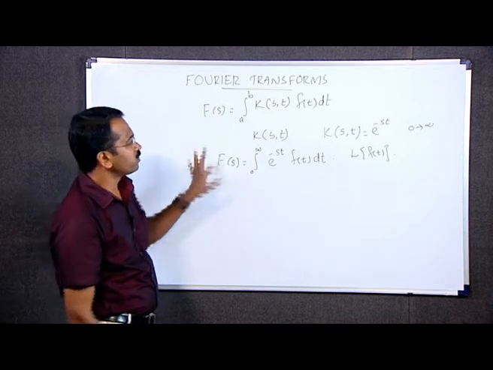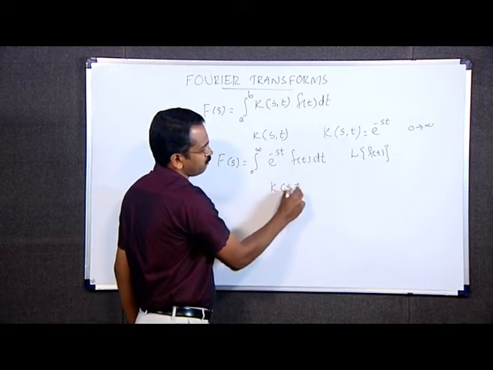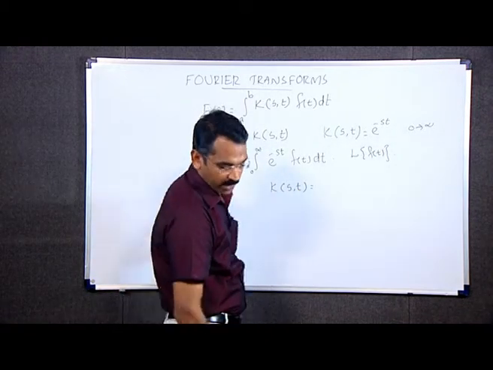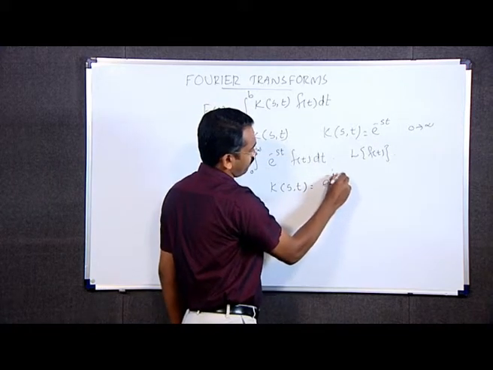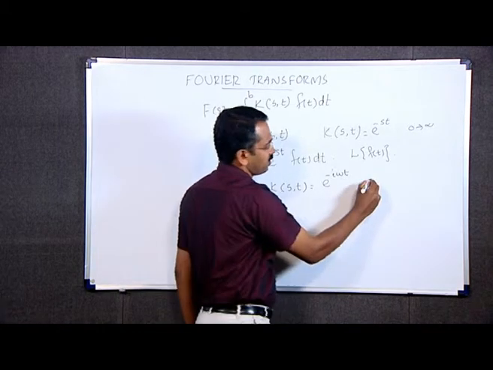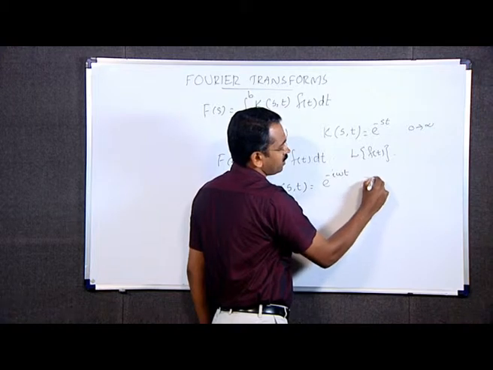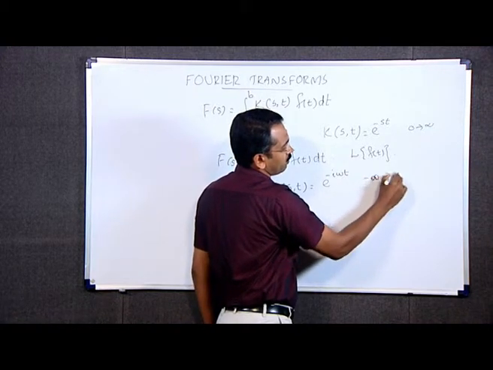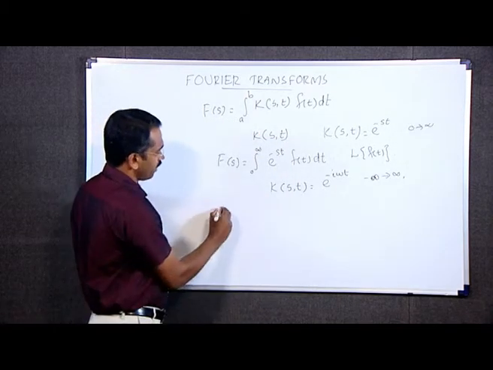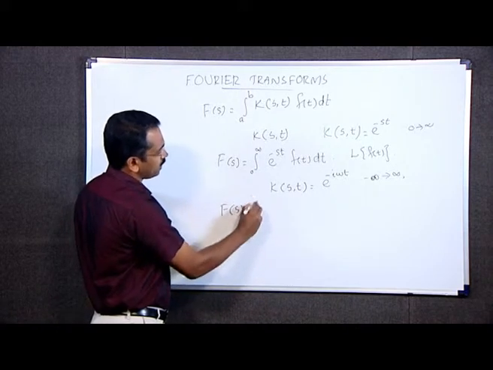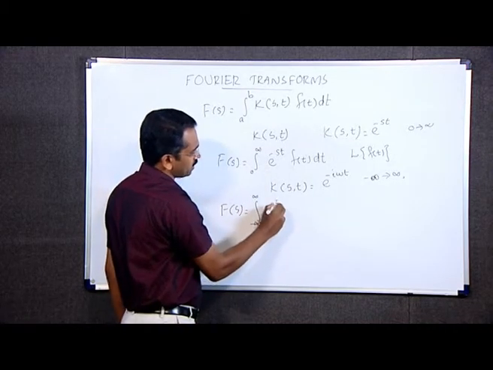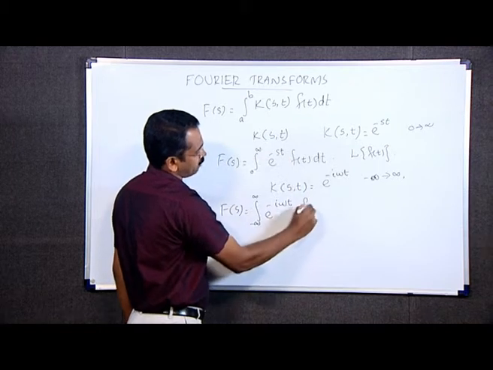Now, if we choose k of s comma t, that is the kernel of the transformation, as e raised to minus i omega t, and the limits of integration as minus infinity to infinity, then this integral transform will become f of s is equal to integral from minus infinity to infinity e raised to minus i omega t into f of t dt.